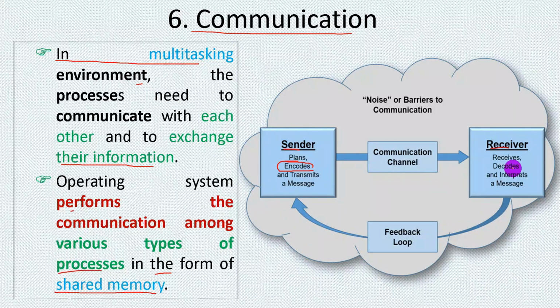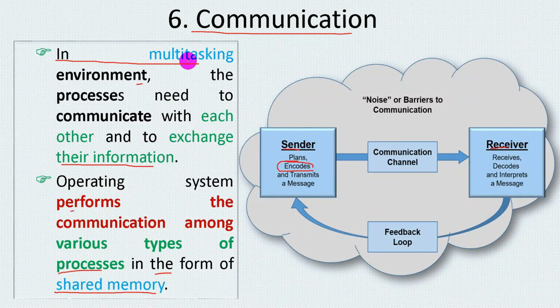This transmittable signal must be converted back to the original data at the receiver in order to understand and interpret the message, and finally it gives feedback about the communication to the sender. All of this we call communication.